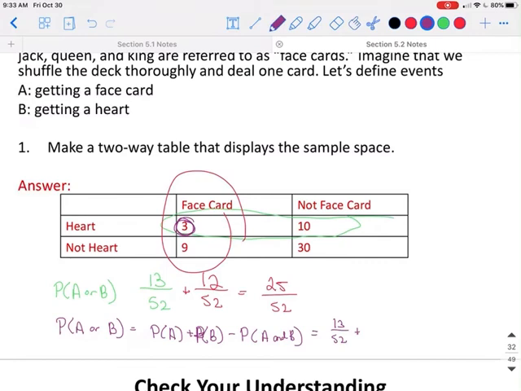The probability that it's a face card is 12 out of 52. And the probability that it's in both categories is 3 out of 52. And we have to subtract that away. And this would give us a total of 22 out of 52. And if we were just to add the values together that are in those categories, we would get 22 as our answer.